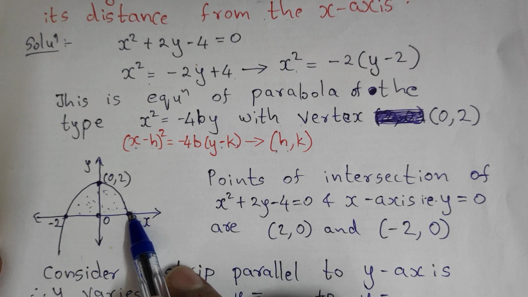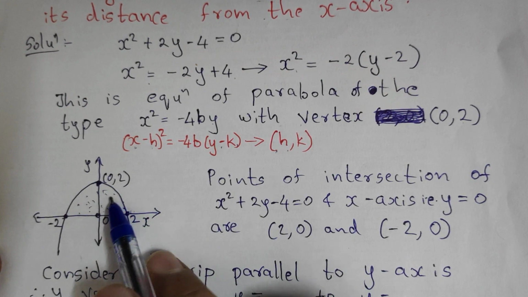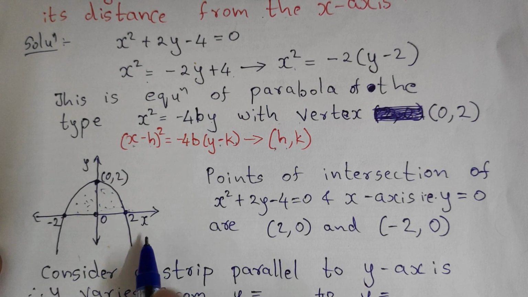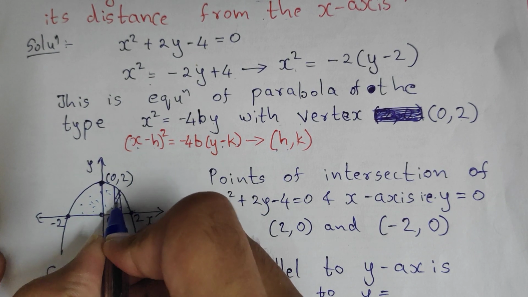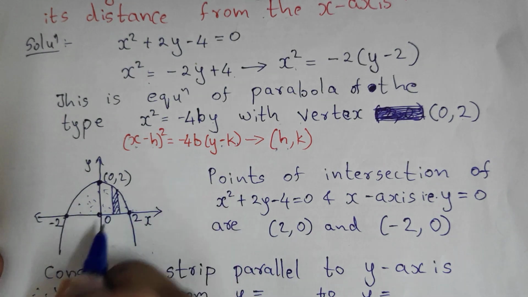Now to find the limits of the double integral in the region, we can draw a strip either parallel to the x-axis or parallel to the y-axis. For this example, I am considering a strip parallel to the y-axis. If we take a strip parallel to the y-axis, we will get the limits of y first.